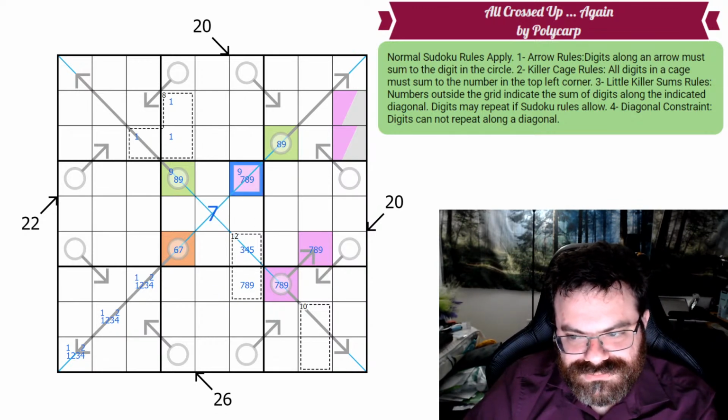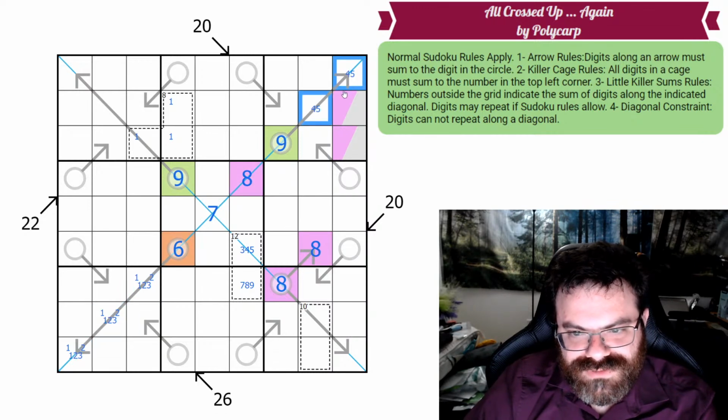If this were 7, again, this has to be the 9. Purple's the 8. These add to 15, so this has to be 6. 1, 2, 3. So this would be 4, 5. These add to 17, 34, so these add to 11.